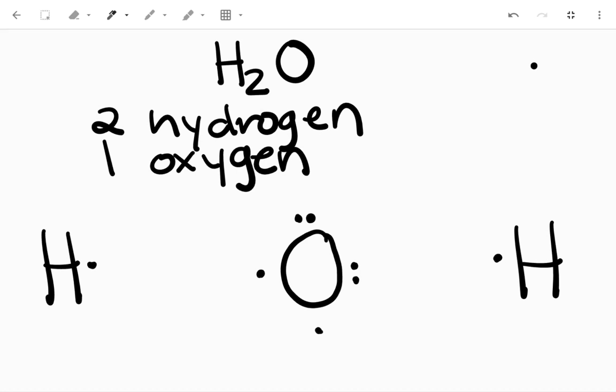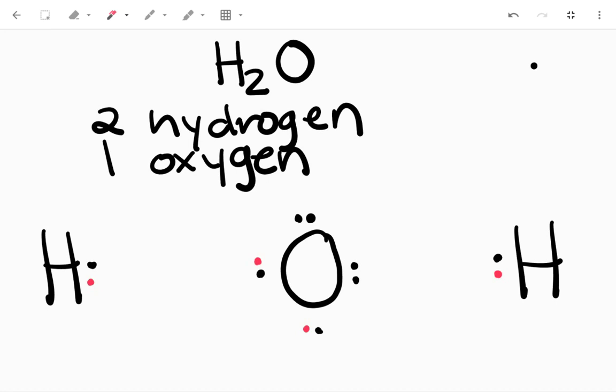And so that means it just needs 2 in its outer shell in order to form a happy atom. And oxygen has 6, which means it just needs 2 to reach its octet, which is 8. Okay? Meaning we have several spots open here. So if we need to get a full outer shell, hydrogen needs 1 right here. Right? Oxygen needs 1 right here and right here.